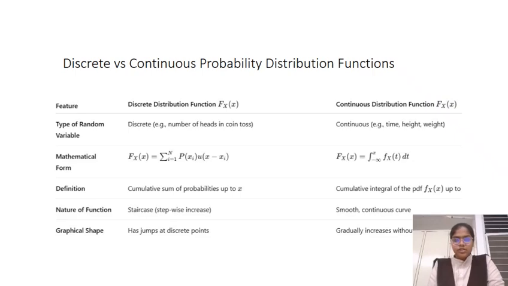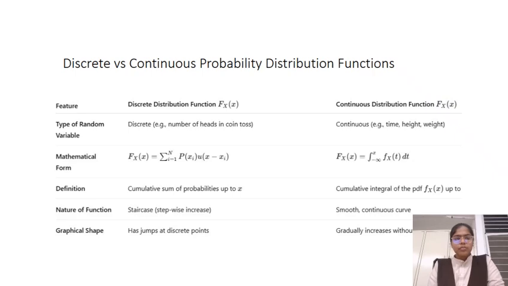Discrete versus continuous probability distribution functions. The difference between the discrete distribution function and the continuous distribution function is as follows, feature by feature. Type of random variable: for discrete, an example is the number of heads in a coin toss; for continuous, examples are time, height and weight.